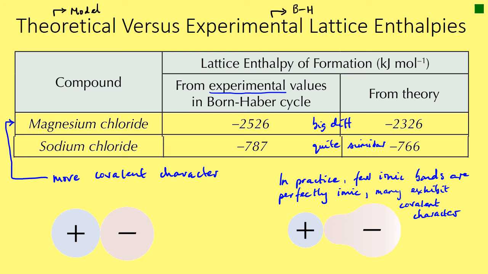So the ions in sodium chloride are more perfectly spherical than in magnesium chloride. I would suggest the reason for that is that the magnesium ion has a higher charge density. You have a 2+ ion and it's slightly smaller, and so that positive charge is more densely packed, and that is what draws some of the electrons to it more than with sodium with its 1+ charge and a similar, slightly bigger size.